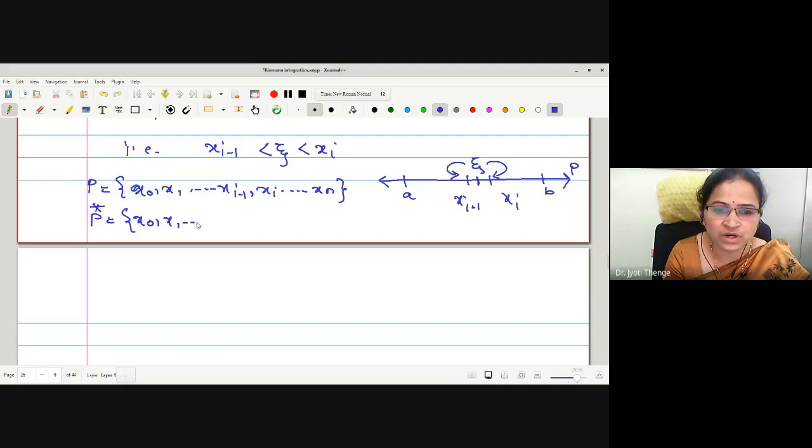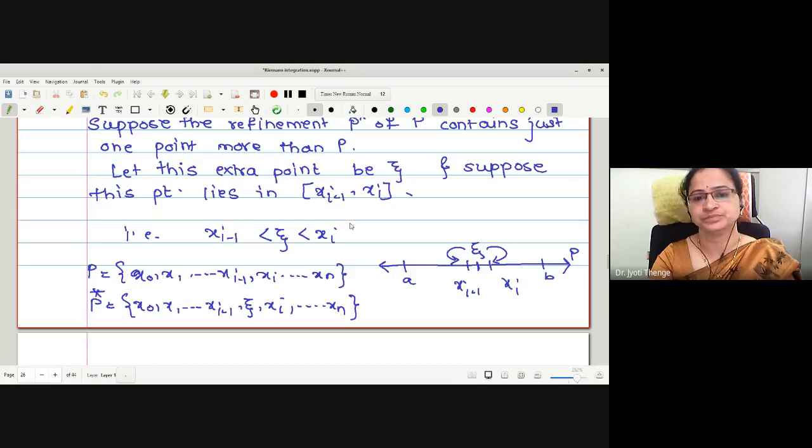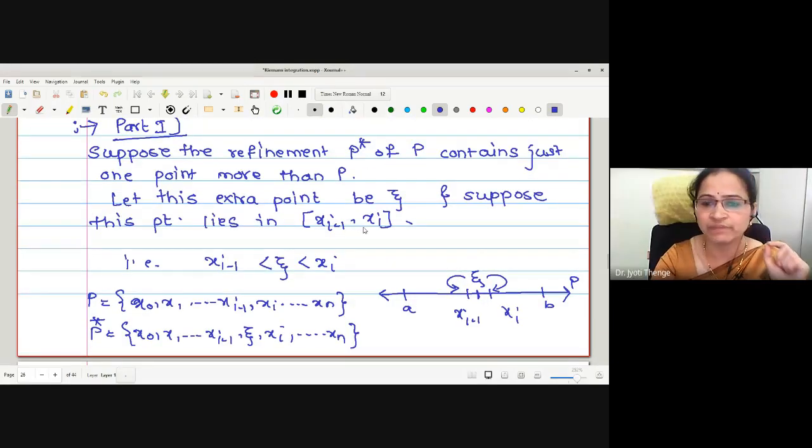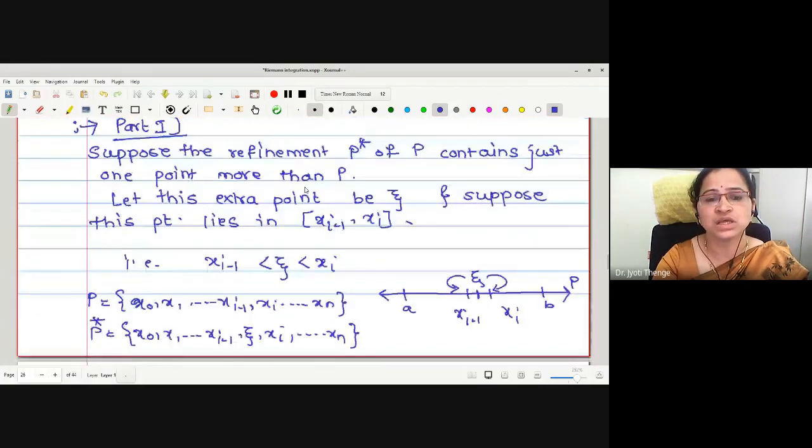We have considered x_1 to x_{i-1}, and between the two we have added the extra point zeta, to x_n. Is the point clear to everyone? Yes, ma'am. We have taken only 1 point extra in the ith subinterval, that is x_{i-1} strictly less than zeta, strictly less than x_i. Equality will not hold here. Okay. Now what is given to us?